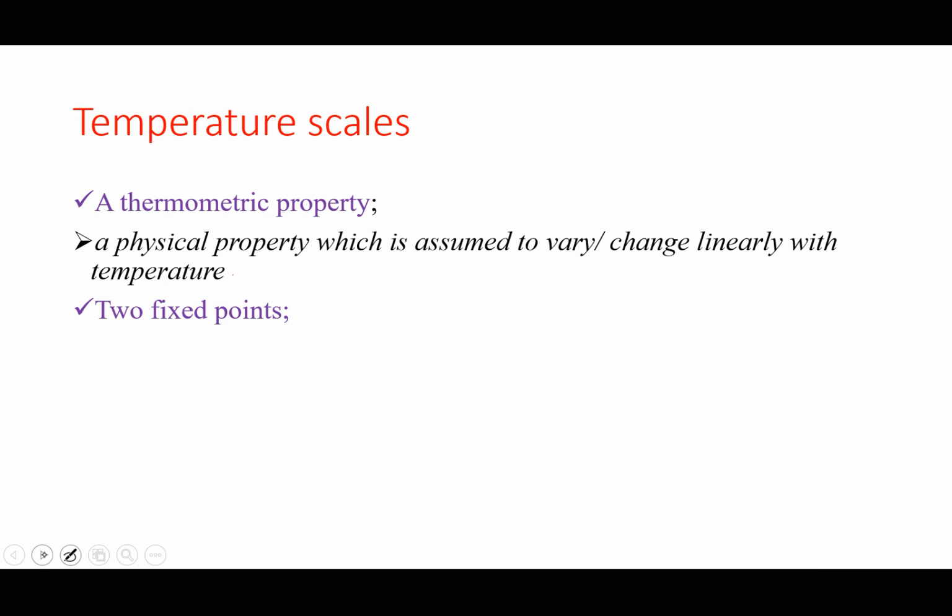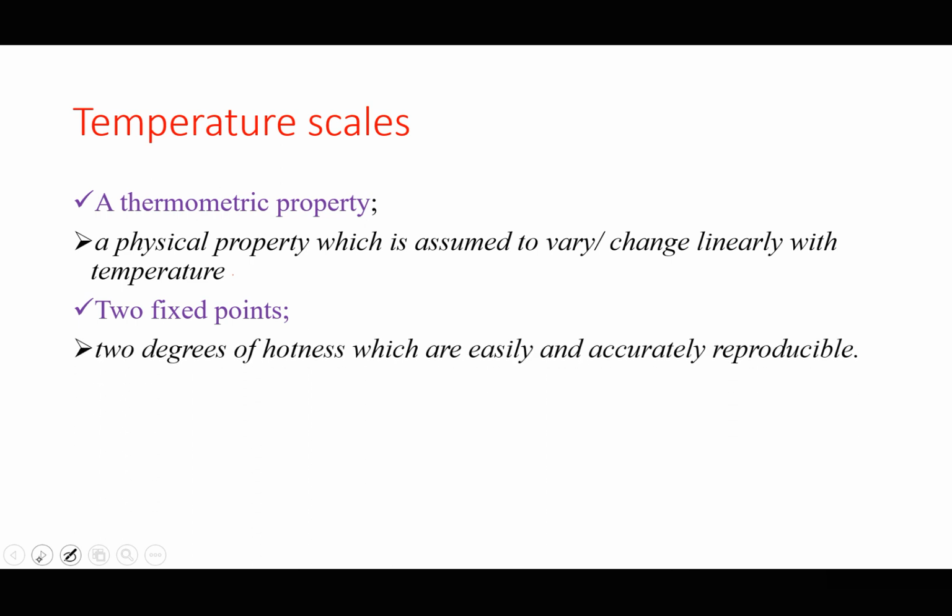These fixed points should be two degrees of hotness or degrees of coldness, which can easily and accurately be reproduced every time. Two degrees of hotness which are easily and accurately reproducible are going to be the ones we call fixed points.